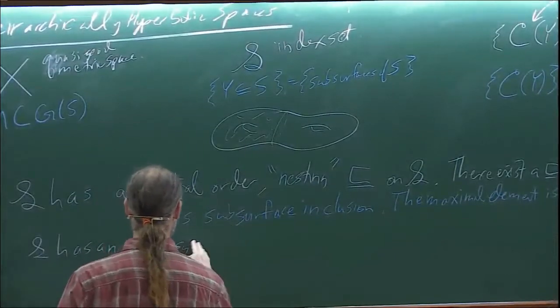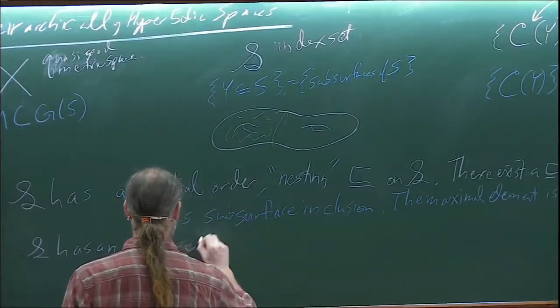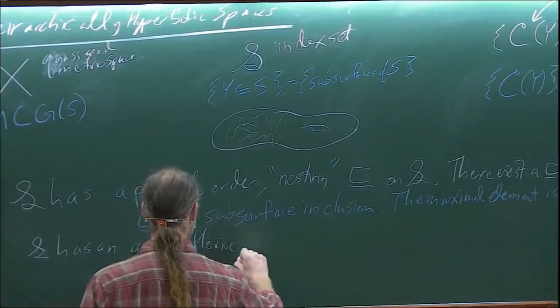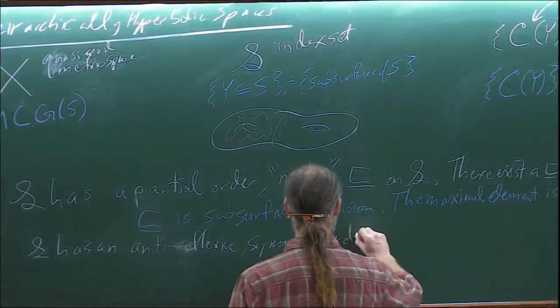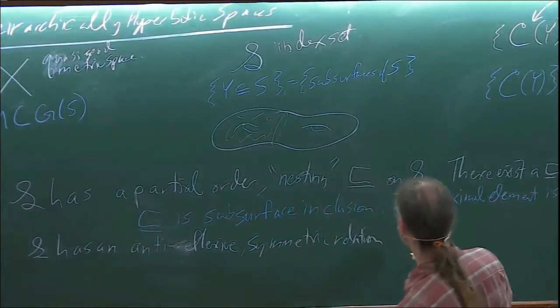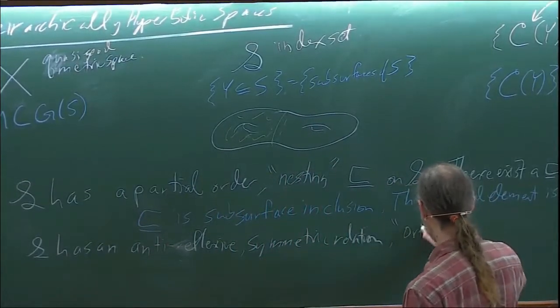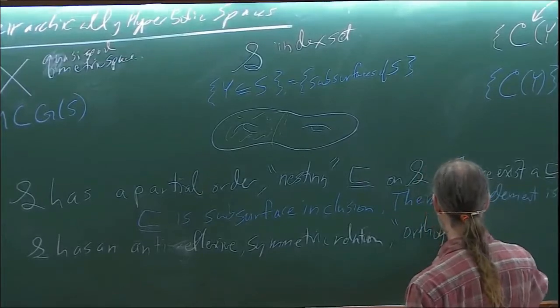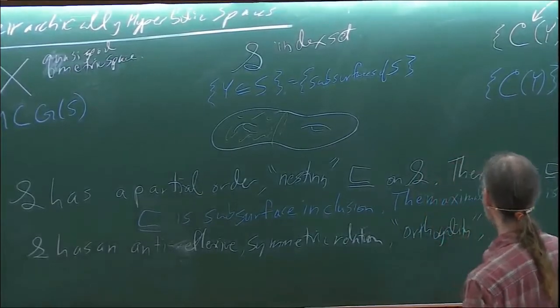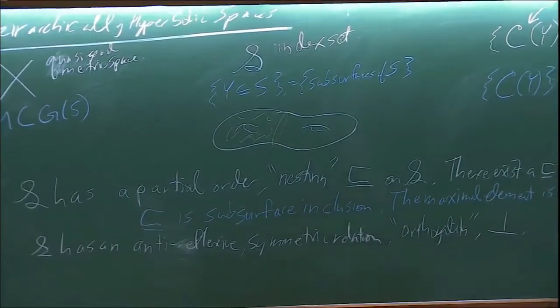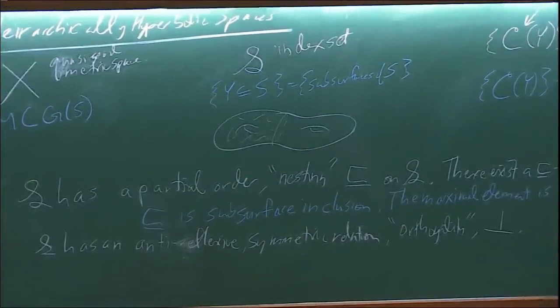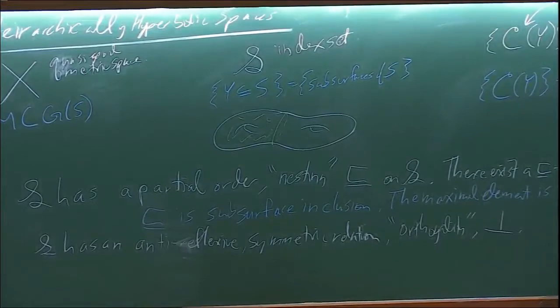Okay. All right. So we have nesting, and then there's another relation. S has an anti-reflexive, symmetric relation, which we call orthogonality, and we usually denote by this perpendicular sign. And here, again, there's a maximal order to how many things can be pairwise orthogonal.